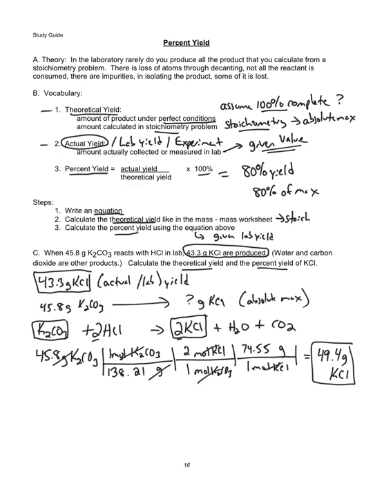So now we have the two numbers that we need to do the percent yield. So the amount of potassium chloride that we actually get in the lab divided by the amount of potassium chloride that we theoretically could have gotten at perfect completion times 100 will convert this into a percentage.